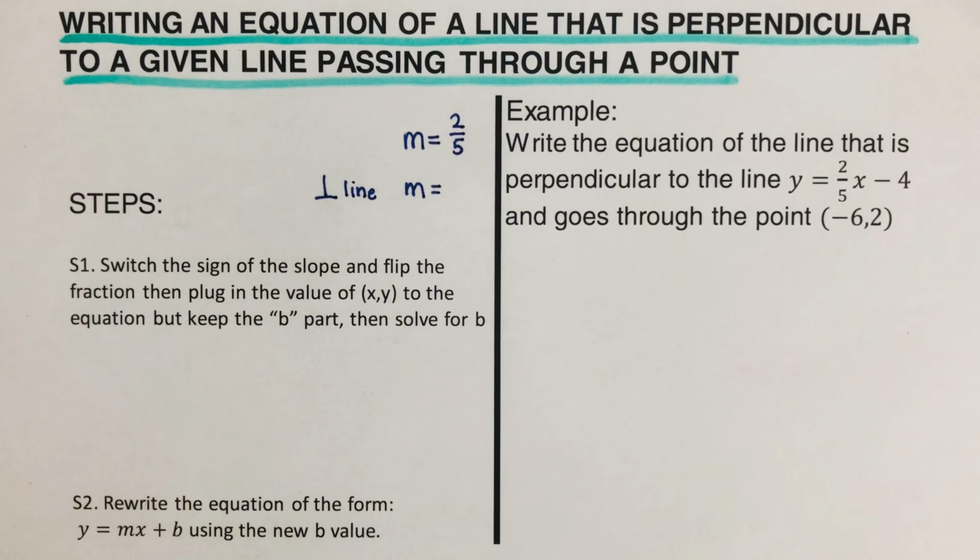One is positive and the other is negative. The other question is, are the two slopes reciprocal to each other? That means their fractions are flipped. If we can answer yes to those questions, then we can say the two lines are perpendicular to each other.